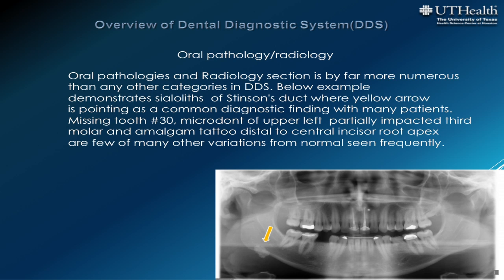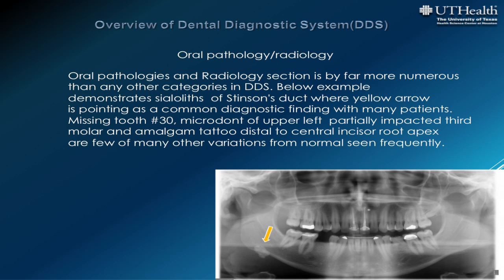Oral pathology and radiology section is by far more numerous than any other categories in DDS. Below example demonstrates sialolith of Stenson duct, where yellow arrow is pointing, as a common diagnostic finding with many patients.